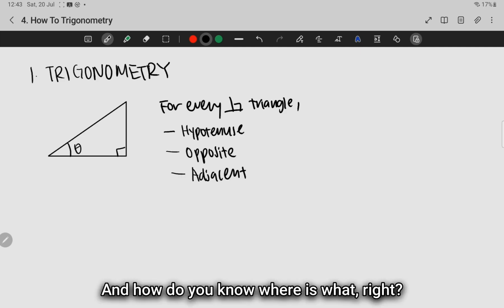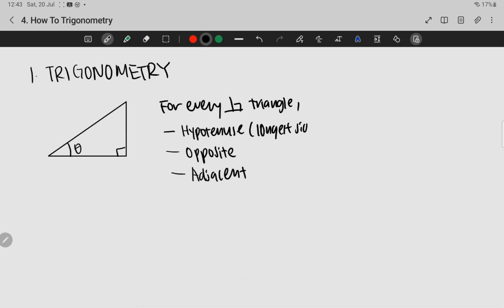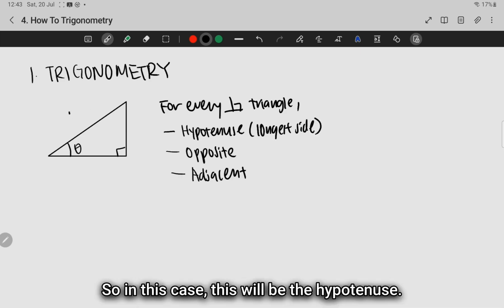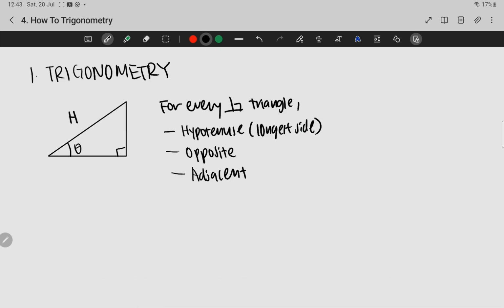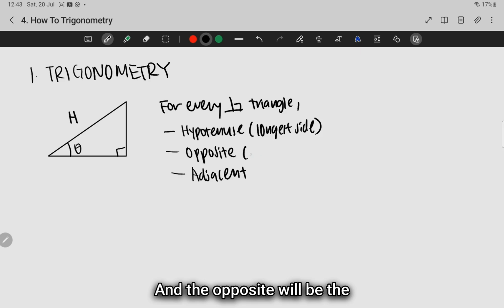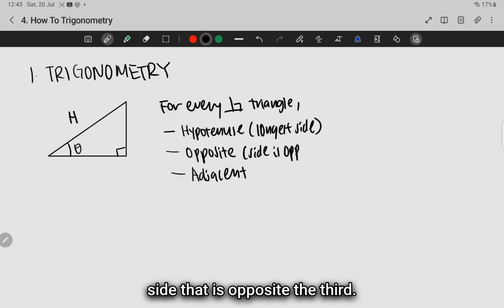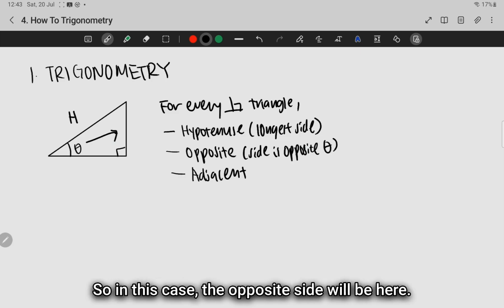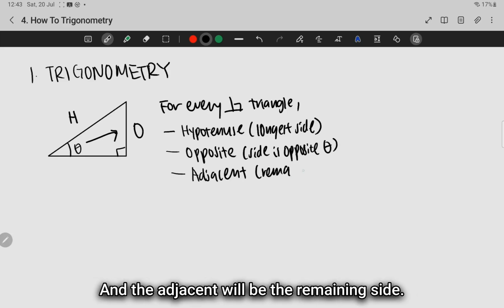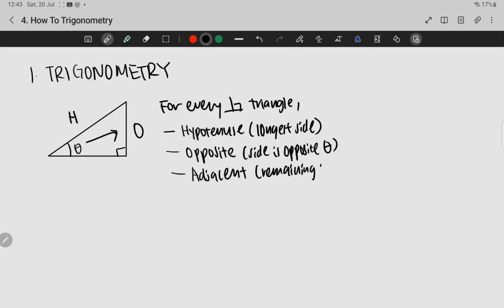And how do you know where is what? The hypotenuse is always the longest side. So in this case, this will be the hypotenuse. And the opposite will be the side that is opposite theta. So in this case, the opposite side will be here, and the adjacent will be the remaining side here.